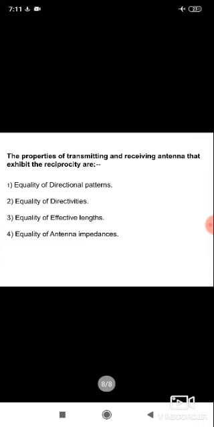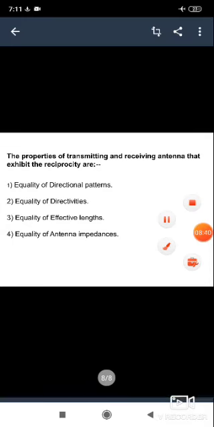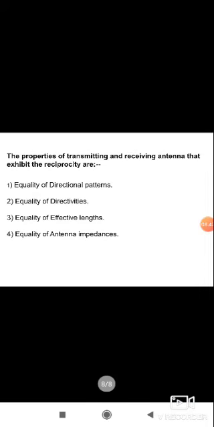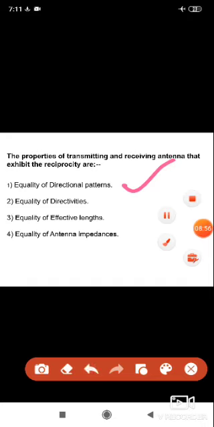Now at last we have to discuss, from the antenna point of view, what properties exhibit reciprocity. First is the directional pattern: both antennas having the same directional patterns exhibit reciprocity. Second is directivity, which you all know is a parameter of an antenna.